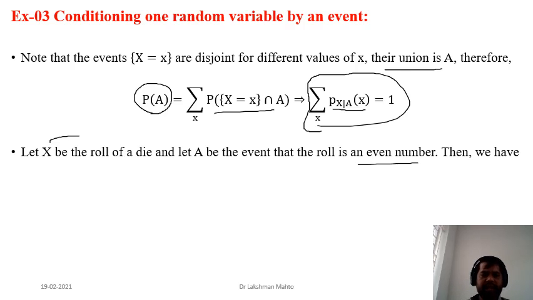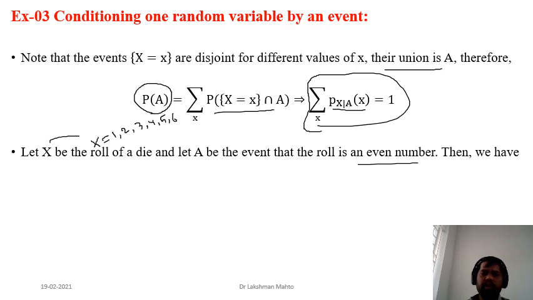So x is a random variable, the number that appears on the face. x will take six values: either one, or two, or three, or four, or five, or six. These are the possible values of x.